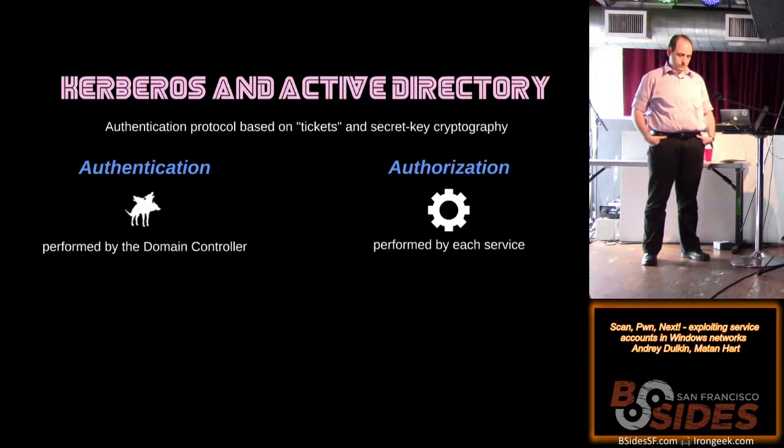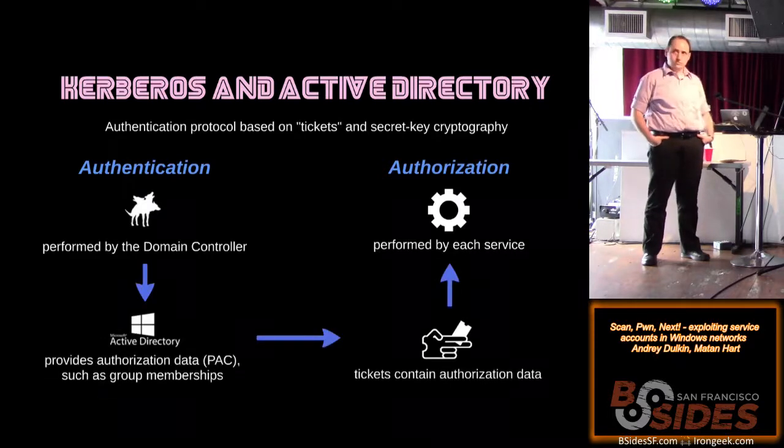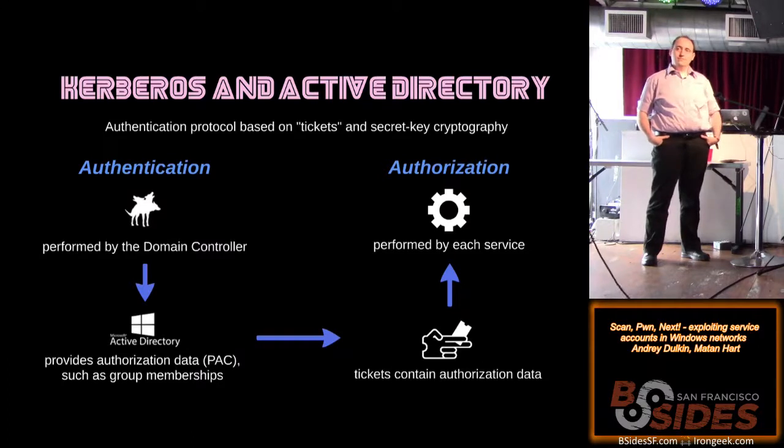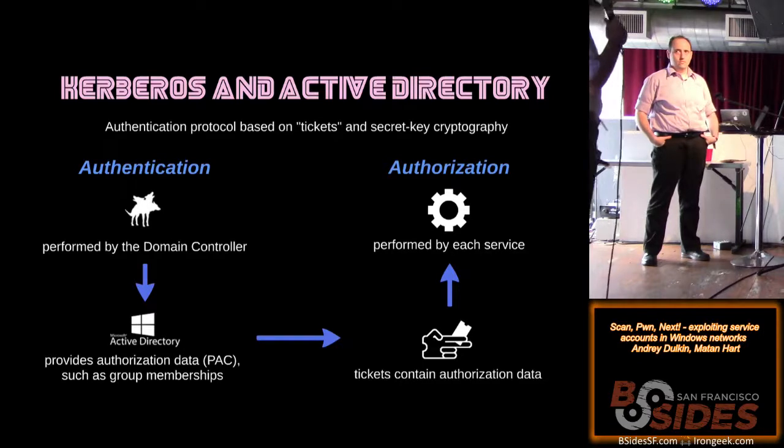Microsoft extended the Kerberos protocol to include additional authorization data, also known as PAC, which includes information from the Active Directory, such as group memberships, authentication silos, login hours, etc. So the service can decide to authorize based on that information in the ticket.